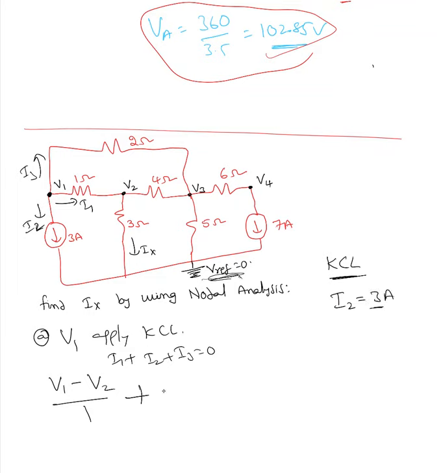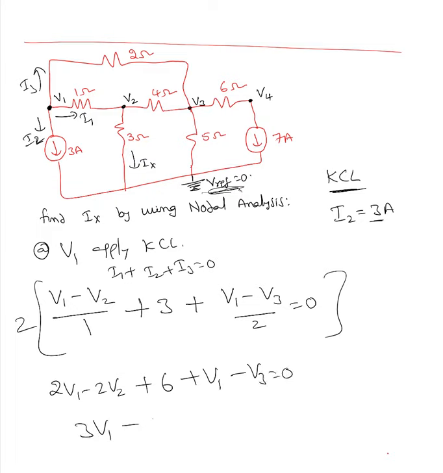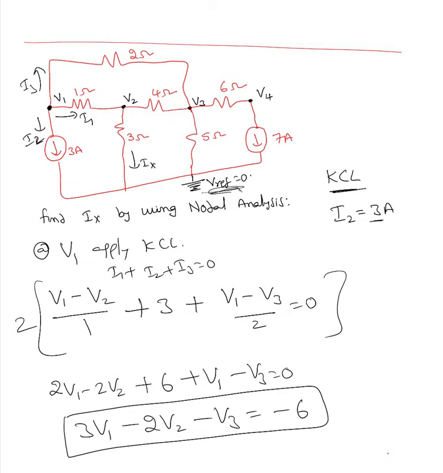I3 is V1 minus V3 over 2, equal to 0. To eliminate the denominator, I multiply by 2: 2V1 minus 2V2 plus 6 plus V1 minus V3 equals 0. So I have 3V1 minus 2V2 minus V3 equals minus 6. This is my first equation.